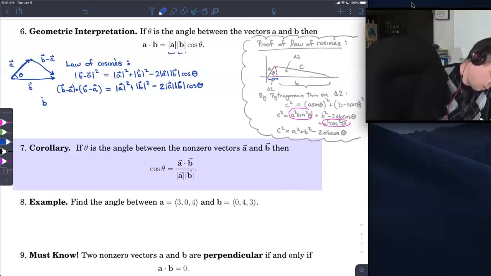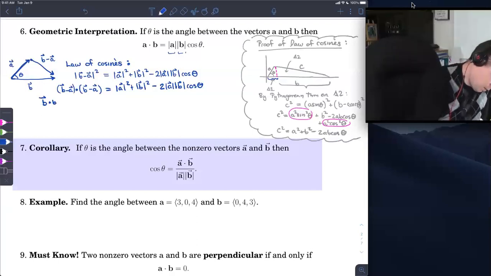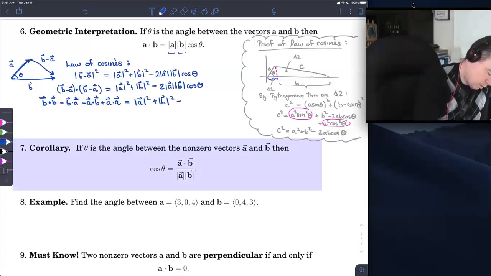I'll leave the details for you to think about. What I end up getting is b dot b, minus b dot a, minus a dot b, plus a dot a. And that's still equal to the stuff on the right-hand side.